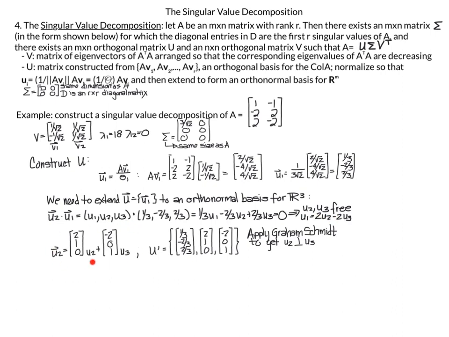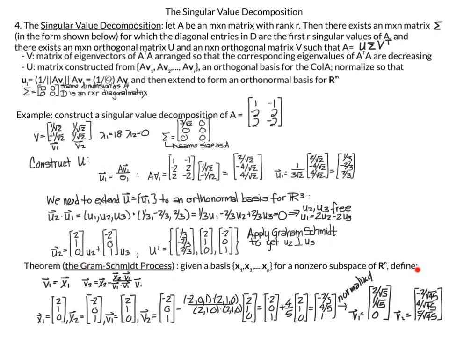They're bases for this space here. There's nothing in here that says they are orthogonal. They're linearly independent, they span a space, blah, blah, blah. But we don't know if they're orthogonal. So we need to apply Gram-Schmidt to these two vectors. And again, we don't need to do this for the first vector, u1, because by design they're orthogonal to u1.